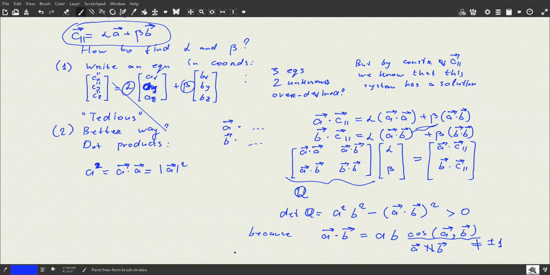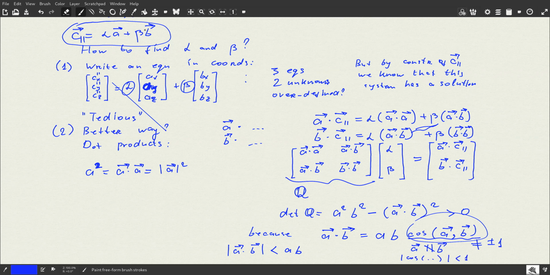And therefore, the absolute value of AB is less than A times B, because it is multiplied by the cosine, which is less than 1. So the absolute value of the cosine is less than 1.